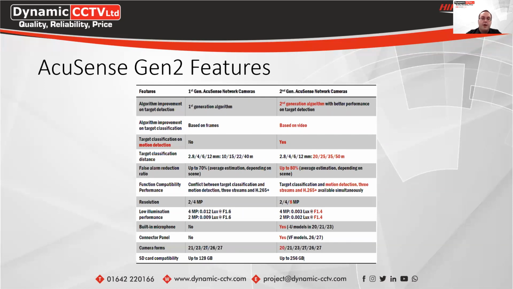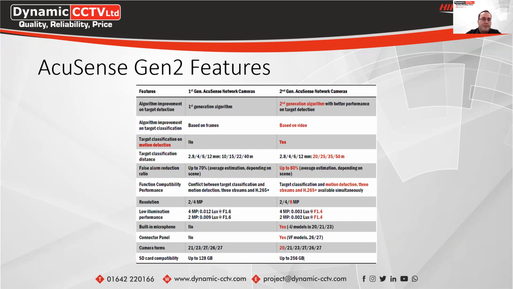So on the newer cameras, you can go up to 20 meters on the 2.8mm lenses. It's up to 25 meters on the 4mm lens, and the 6mm lenses, it's 35 meters, and the 12mm lenses, it's your 50-meter detection distances, which is greatly improved over the original algorithms that we use for the detection. So there has been improvements made all around those.